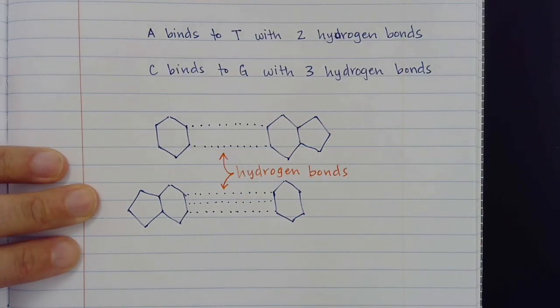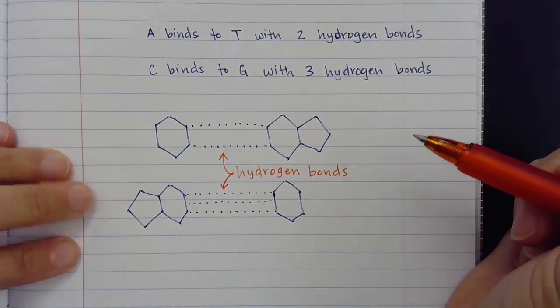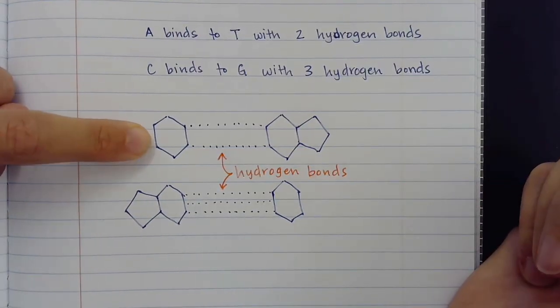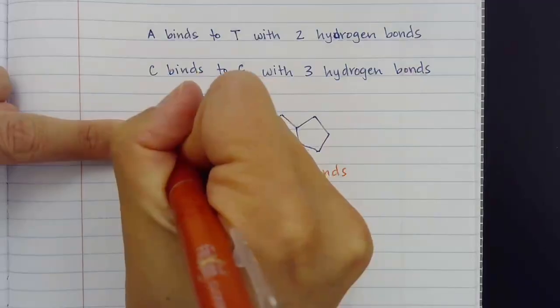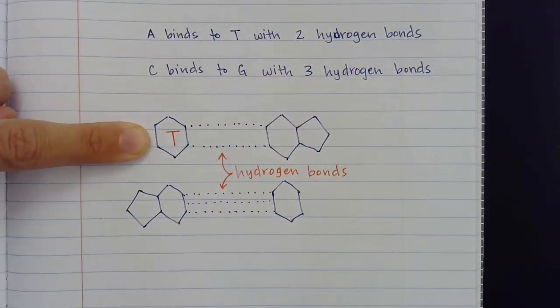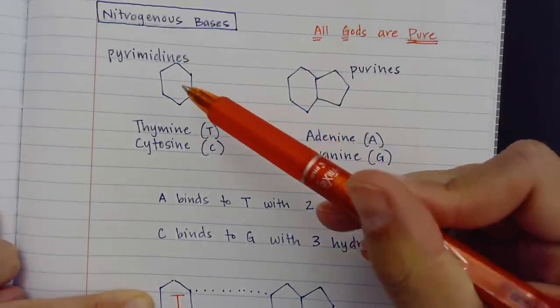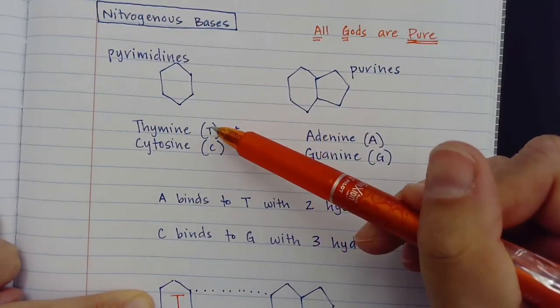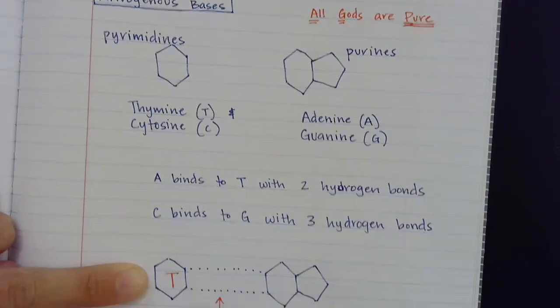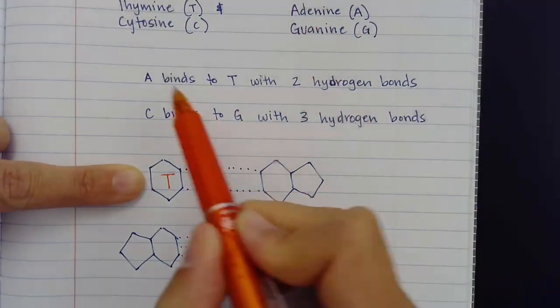And using what we learned, I can tell that this must be a T. The reason that I know that this must be a T is because I know that it has 1 ring that makes it up, which means that it is going to be a pyrimidine, which means that my options are either T or C. I then learned here that A binds to T with 2 hydrogen bonds.